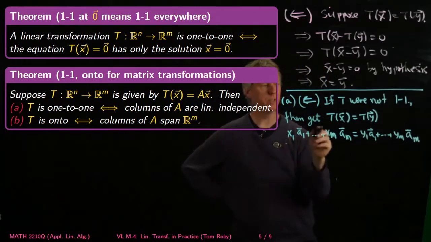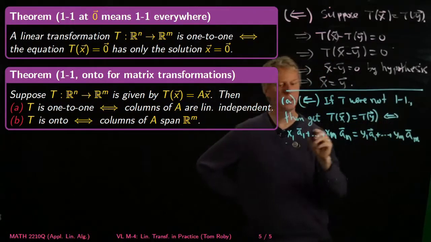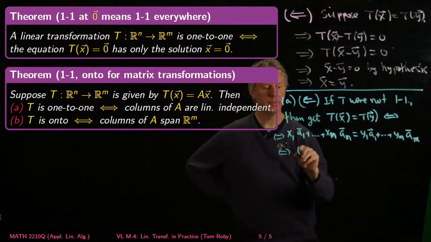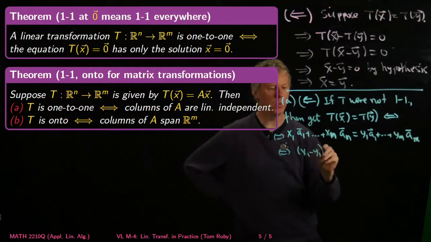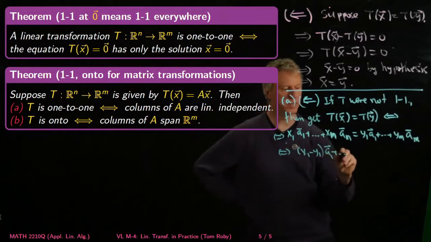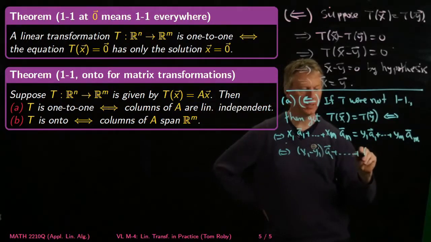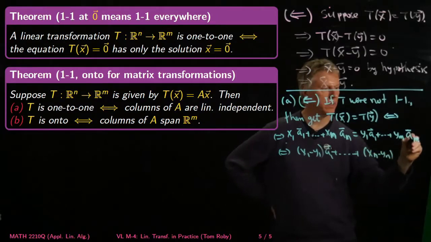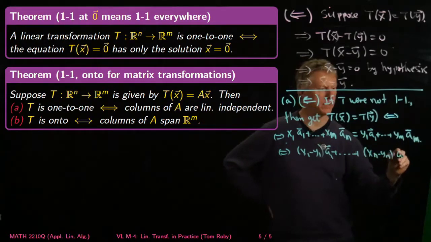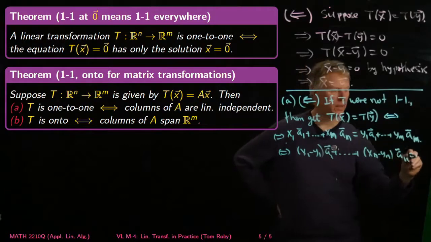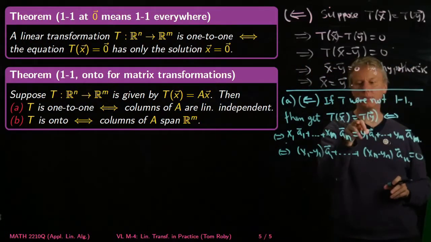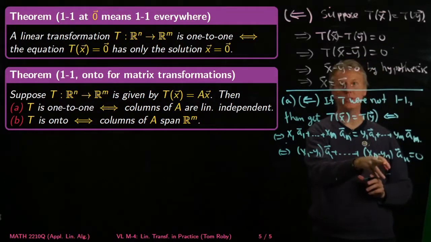And this is equivalent to saying that (x1 minus y1) times a1 plus ... plus (xn minus yn) times an, sorry, these should all be n's here, is equal to 0. Right, so if T(x) equals T(y), then we get that this is true.